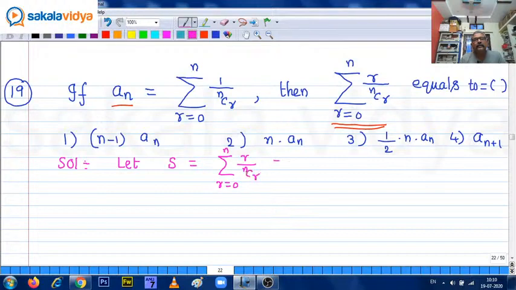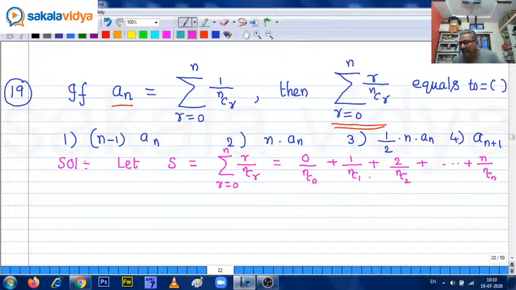Expand the sigma: 0 upon nC0 plus 1 upon nC1 plus 2 upon nC2 plus so on. Last value is n upon nCn.